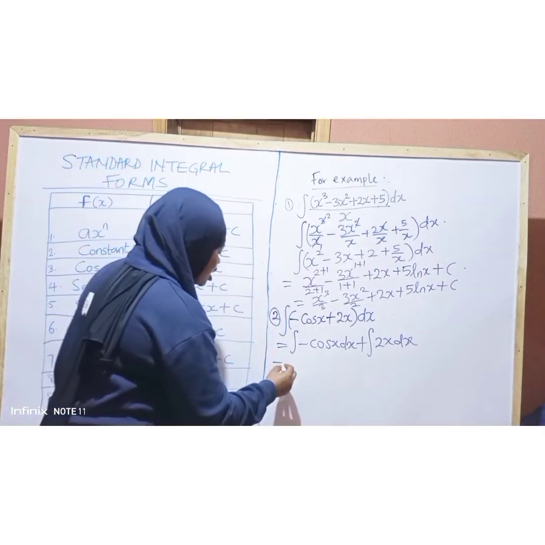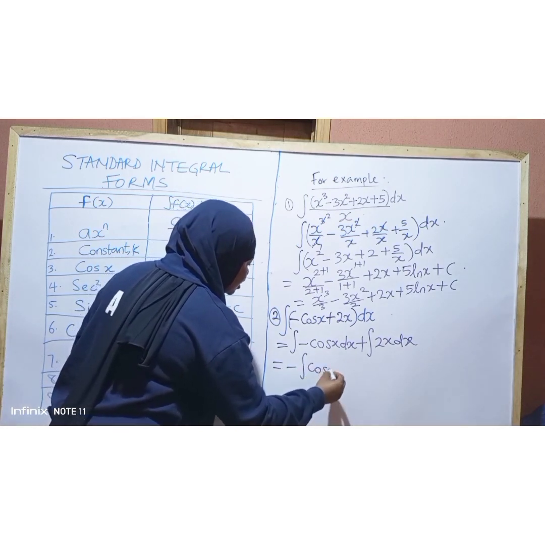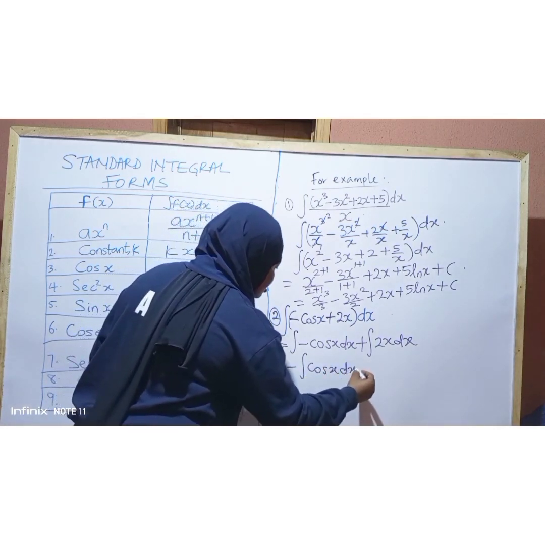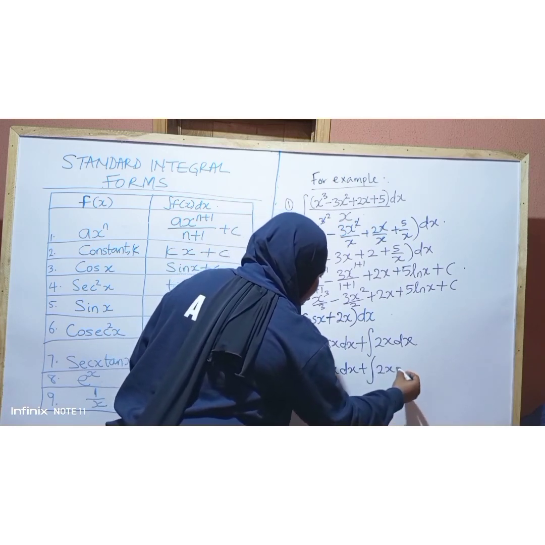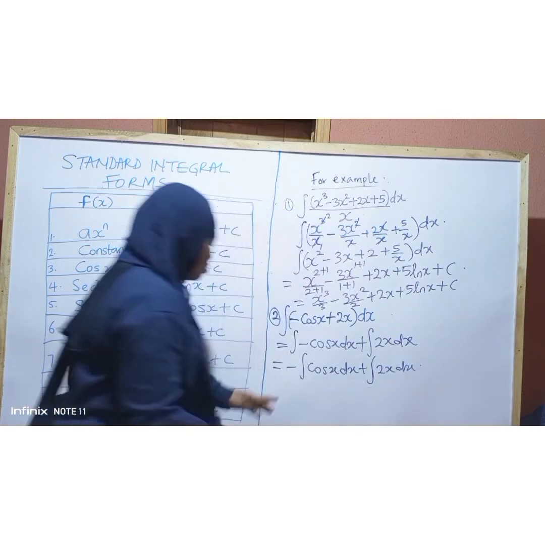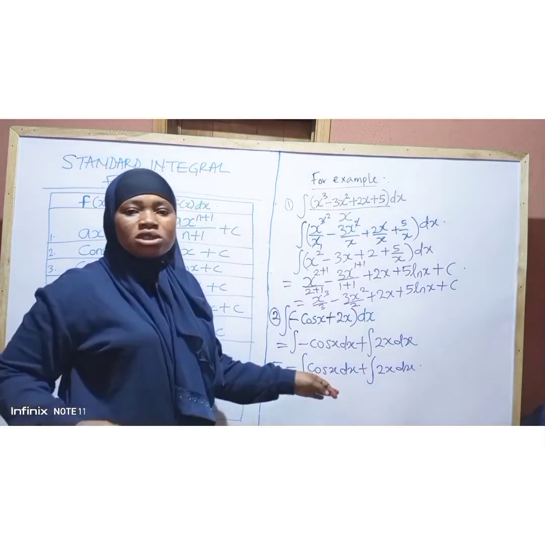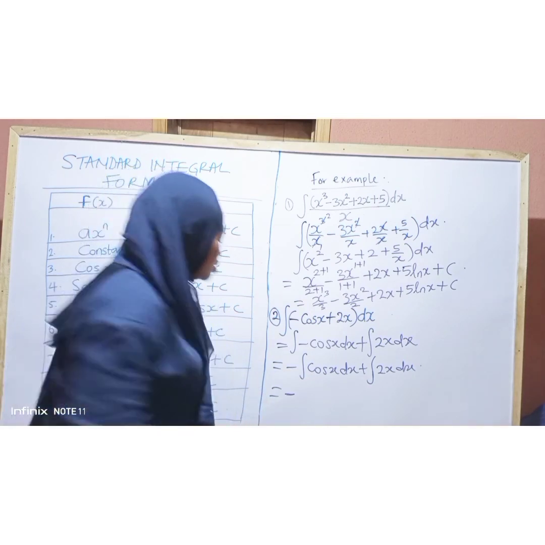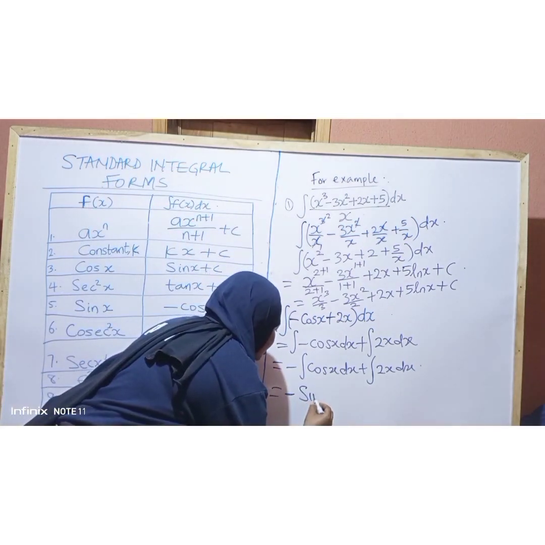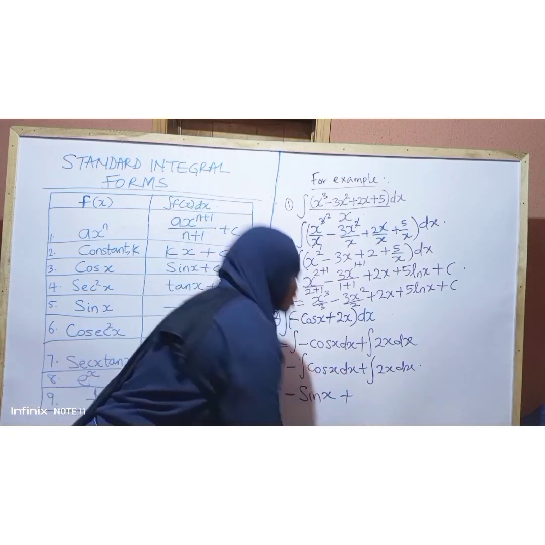So I'm now saying I have minus the integral of cos x dx, then plus the integral of 2x dx. So from here I'll have minus, what is the integral of cos x? The integral of cos x is sine x. So we write minus sine x, then plus 2x.